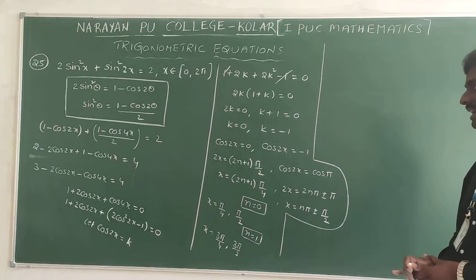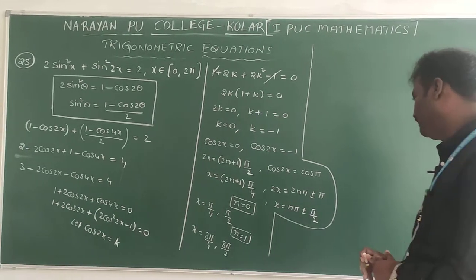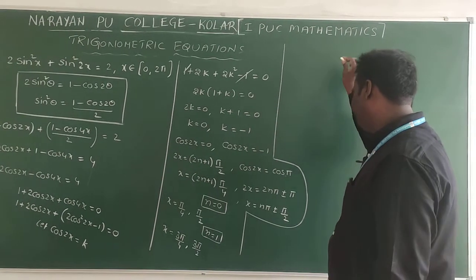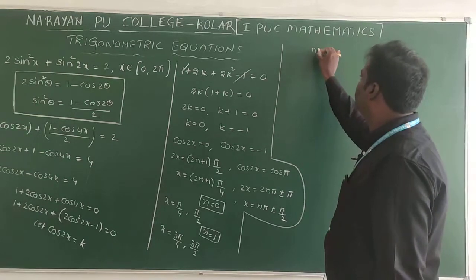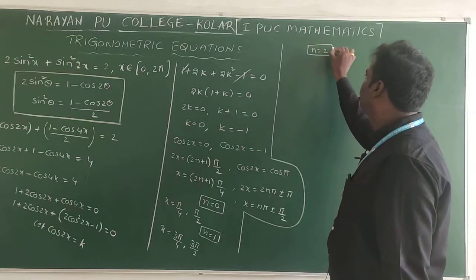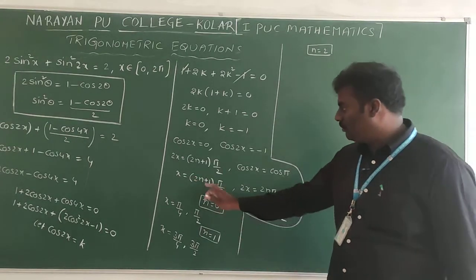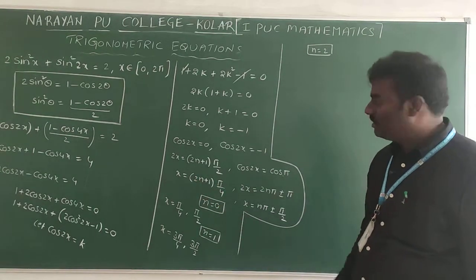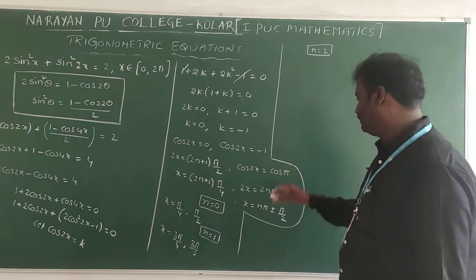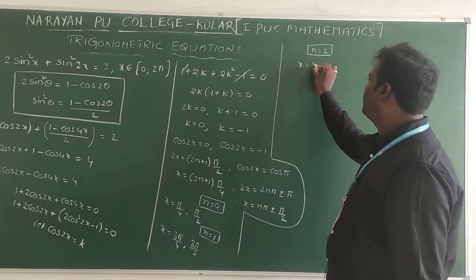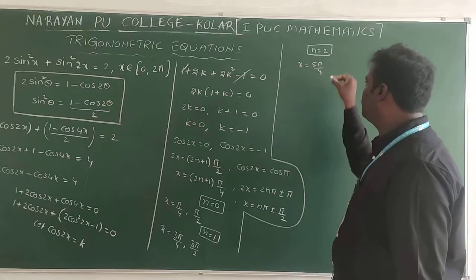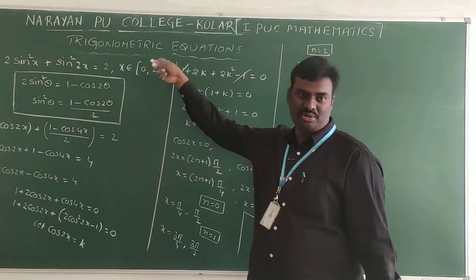Next I am taking n equals to 2. Substitute here. 2 into 2 is 4, 4 plus 1 is 5, so 5 pi by 4, which is nothing but 225. 225 is there between 0 to 360.